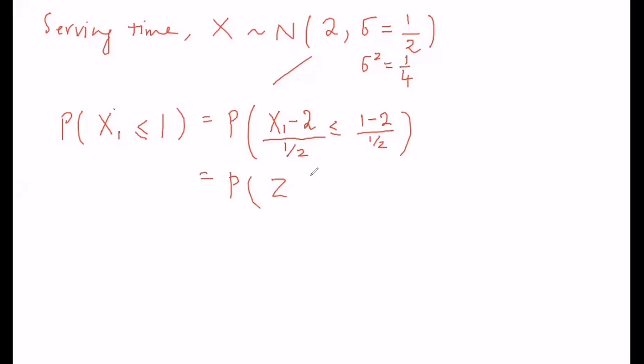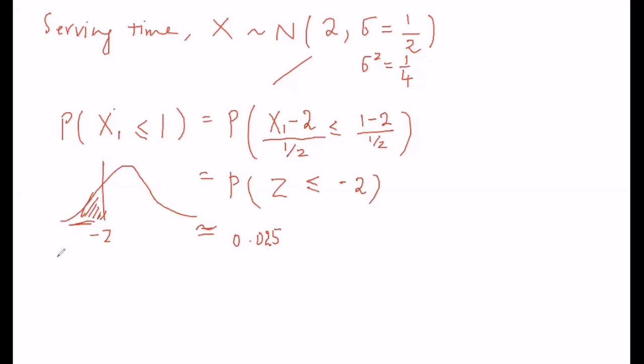So that's your Z, which equals minus 2. If you know your empirical rule well, this should be about 0.025.